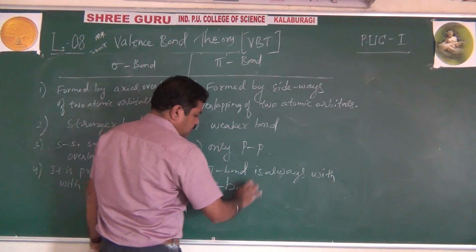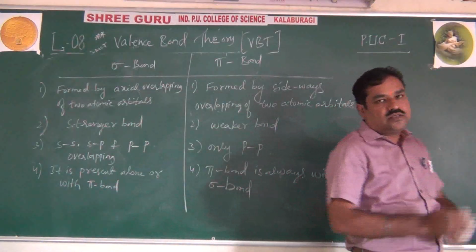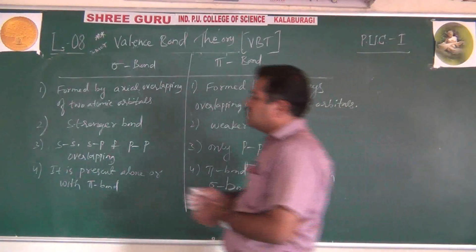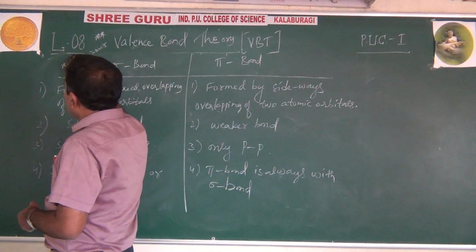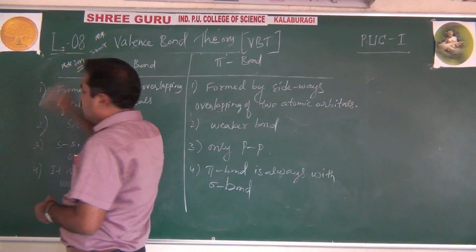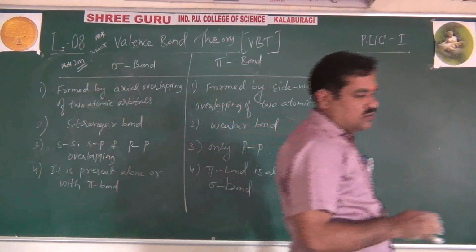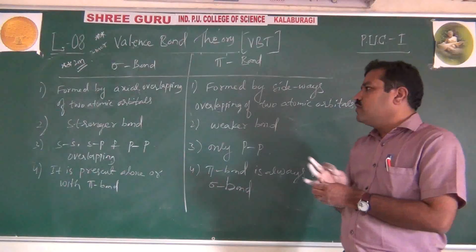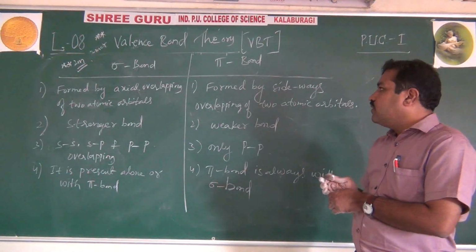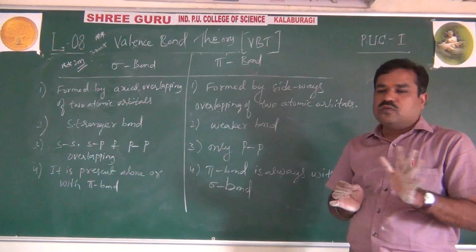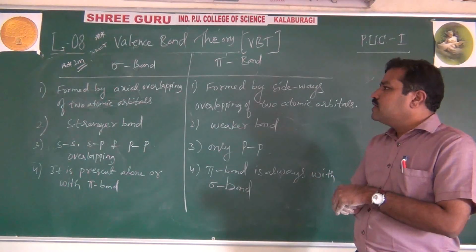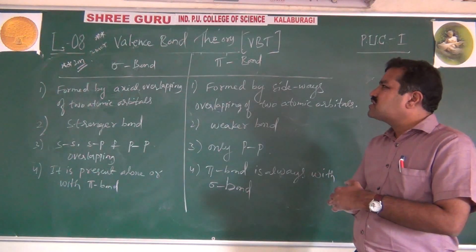Remember. These are the 4 differences, very important for theory purpose. Another also can add: extent of overlapping is more for sigma and less for pi bond. That's why for 1 mark sigma bond is always stronger than pi bond.